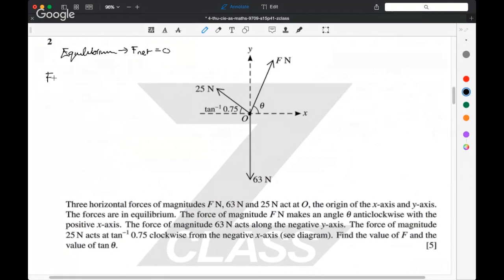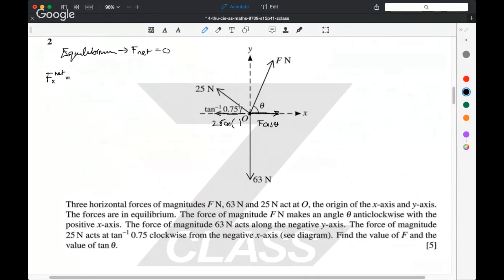So what is the net X force? Well, that's along this horizontal direction, right? So you have a bit of this force, which is going to be F cosine theta. And you have a bit of this force, which is going to be 25 cosine of that angle there. And this force down here doesn't contribute in the x direction at all.